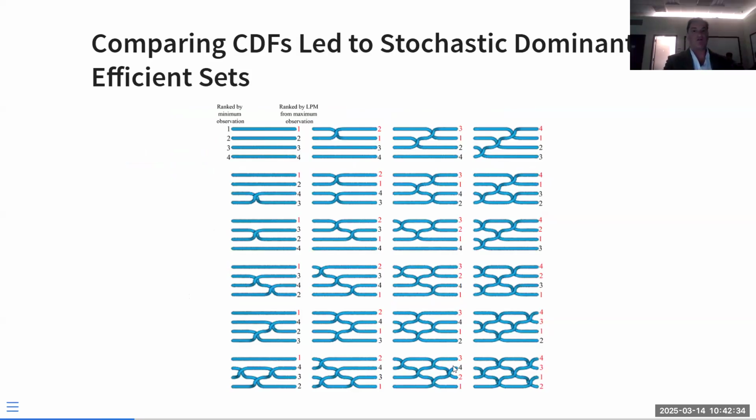So if you did have one that was shifted, like variable 4 here, it would be dominated by 3. But 3 is not dominated by 2 or 1. So your efficient set of securities is 1, 2, and 3. 4 is left out per the stochastic dominance criteria. Does that make more sense? So you can see here, all of them cross. They're all in the stochastic dominant efficient set of securities.